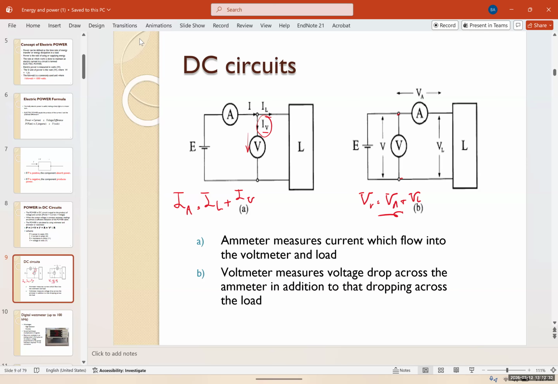For an ideal ammeter, the internal resistance is 0, therefore the voltage drop is 0. But for a non-ideal ammeter that we have here, the internal resistance is not 0, therefore you have a little bit of voltage drop on the ammeter, and therefore when you're measuring the voltage, you're measuring both the voltage of the ammeter and the load.